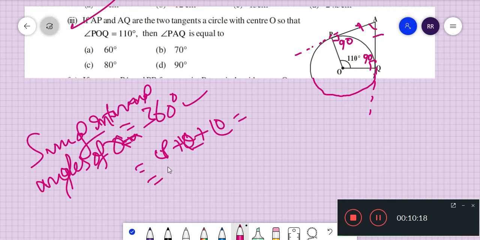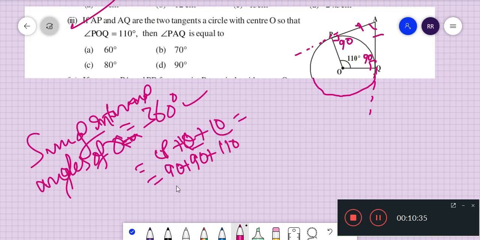Angle P is equal to 90 degrees. Angle Q is equal to 90 degrees. Angle O, that is angle POQ, don't confuse it, angle O is equal to 110 degrees.